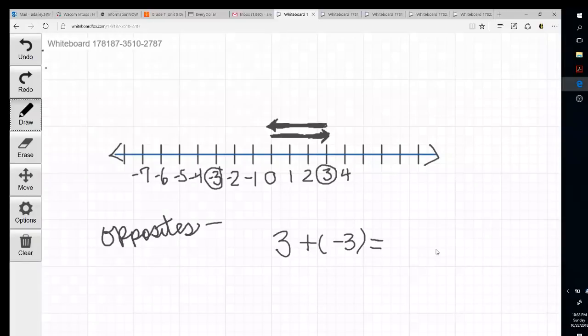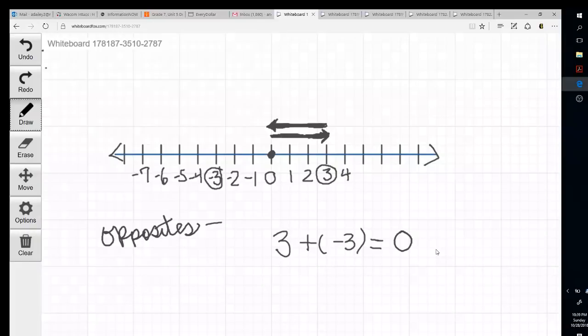Wherever the tip of this arrow ends, that is the answer to the problem. So it's 0. Positive 3 plus negative 3 is 0. And that's true of all opposites. When you add any two opposites together, the sum is always 0.